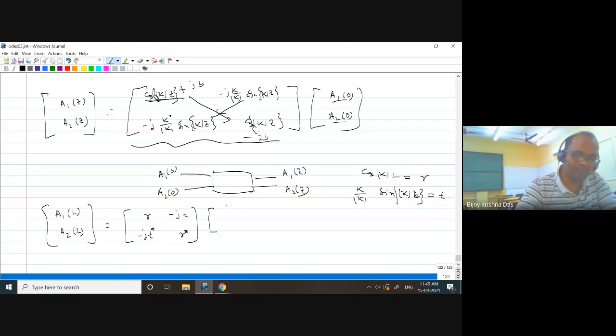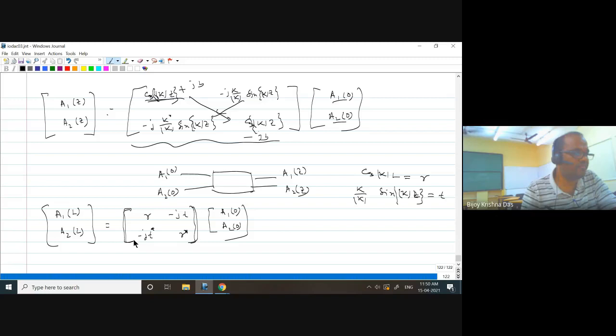And so we write A1, 0, A2, 0. So for any two coupled waveguides, or coupling between two modes in co-directional cases, if they are propagating in the same direction, then they exchange power, and in terms of field strength, their transfer matrix can be represented like this.